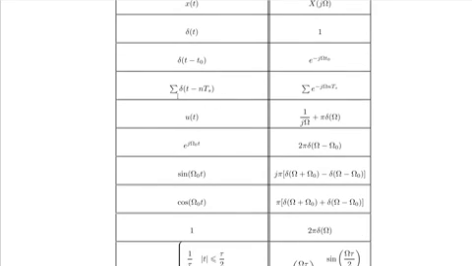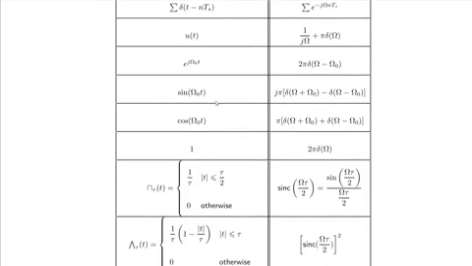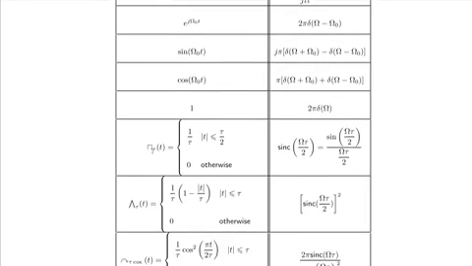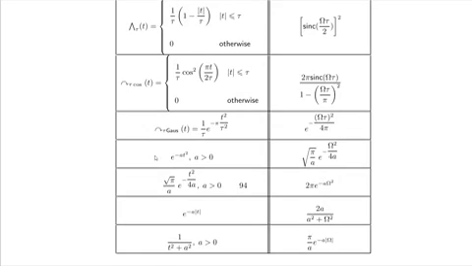Okay, impulse train and having impulse train in another domain. And what about sine or cosine? Here you see the relations. And okay, that's the end of this part.